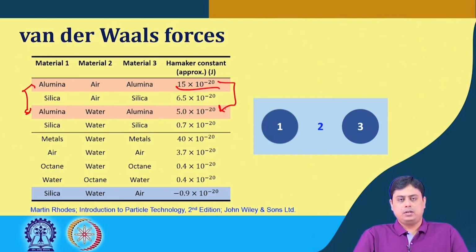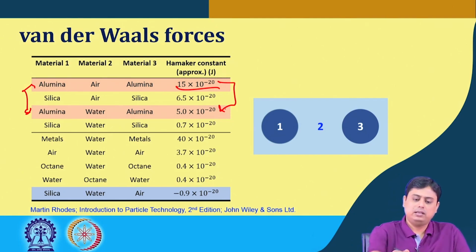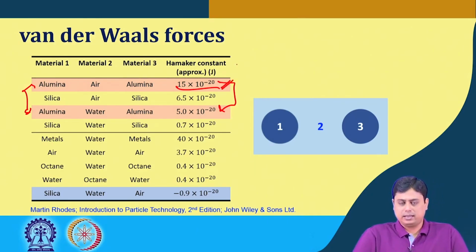Now, this has implications in our application. The scenario is that these fine powders of alumina, when they are in contact with air, are cohesive in nature, and that is due to this van der Waals interaction having a higher Hamaker constant, which means higher interactions, so they are more cohesive in nature and difficult to flow.